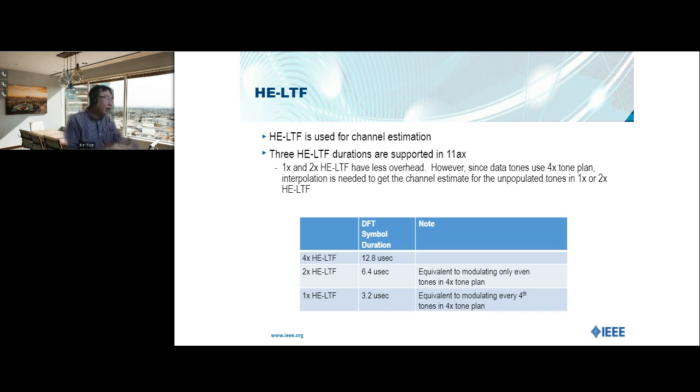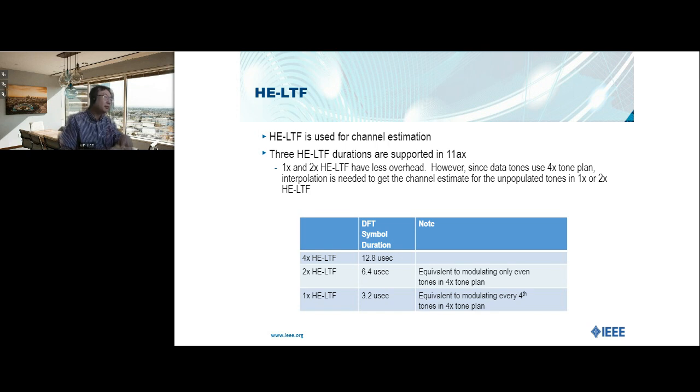This is the reason: sampling in the frequency domain is equivalent to repetition in the time domain. This is an FFT property. So in other words, for 2x LTF, you essentially only populate half the tones. You do the IFFT, then the time domain gives two repeated time series, then you trash one, and you get half of the sequence, which is 6.4 microseconds.